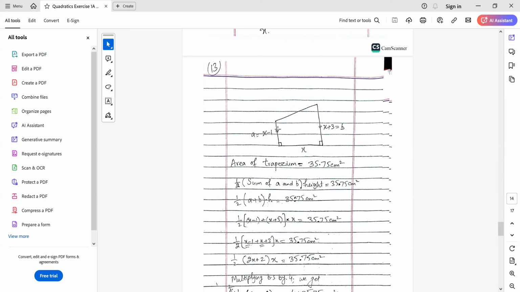You can see in the figure A and B are parallel sides. Okay, and this is our height, which is perpendicular to both of these parallel sides and parallel to this horizontal line x.